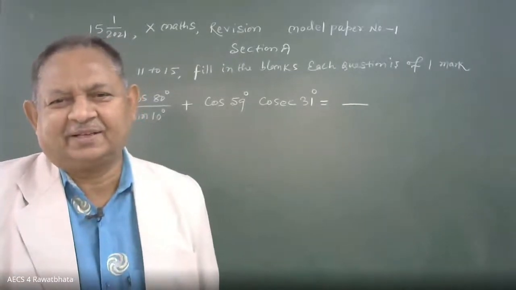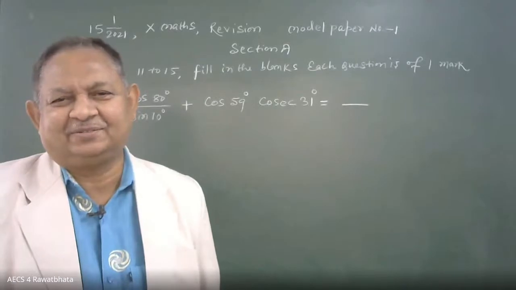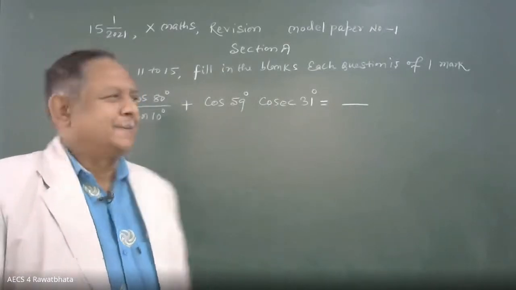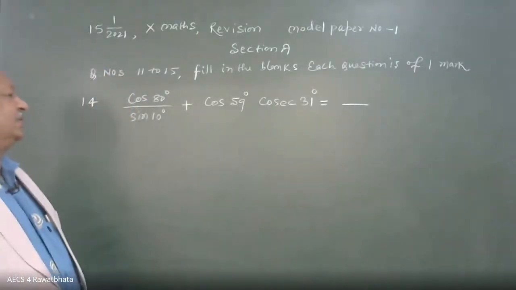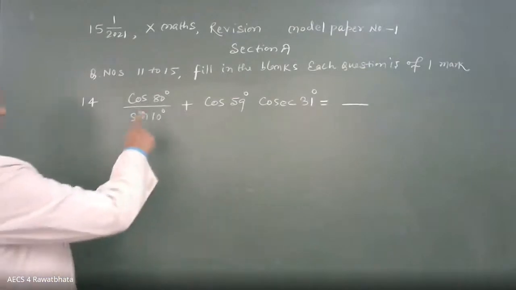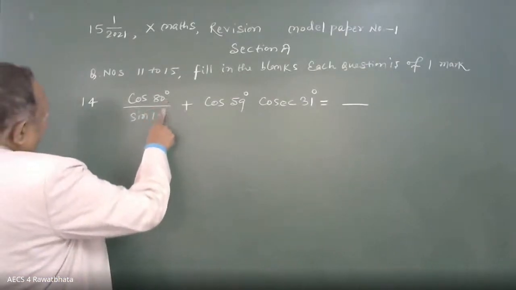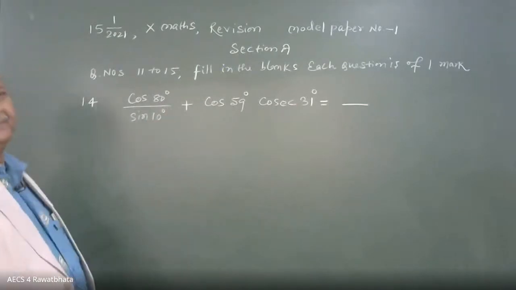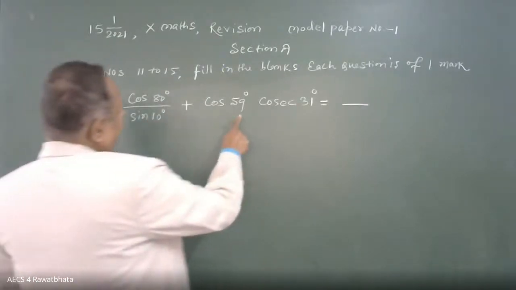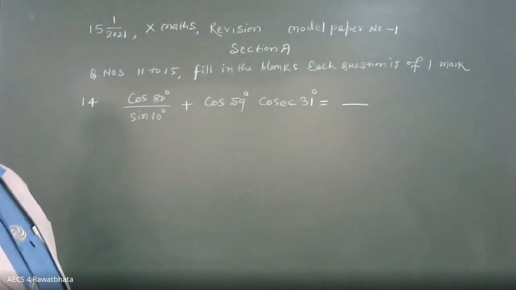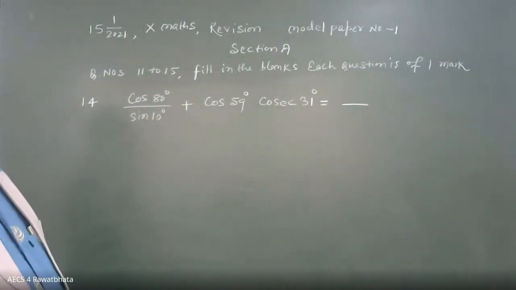So this is based on complementary angles. The sum of these two angles, that is 80 degree plus 10 degree, is 90 degree, and 59 plus 31 is also 90 degree. This portion is deleted from your syllabus, but it is a 1 mark question.